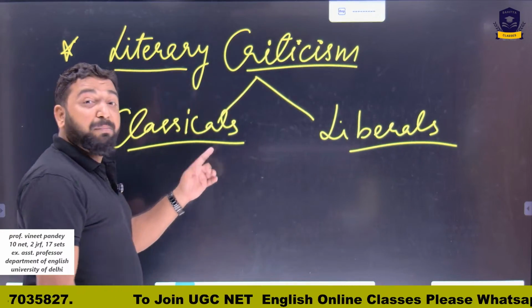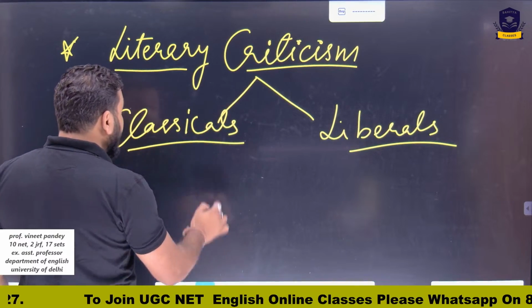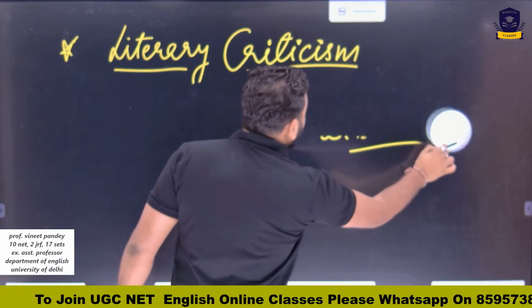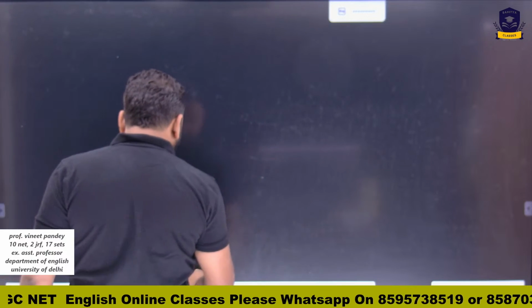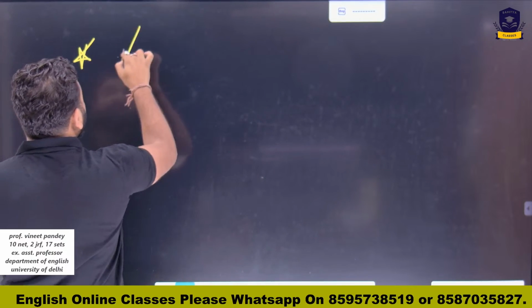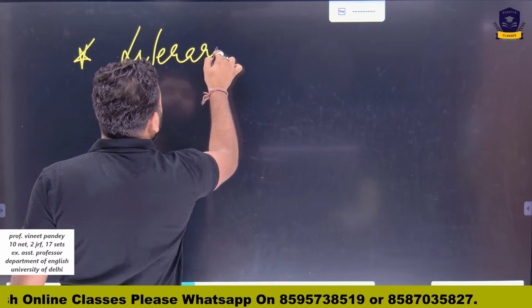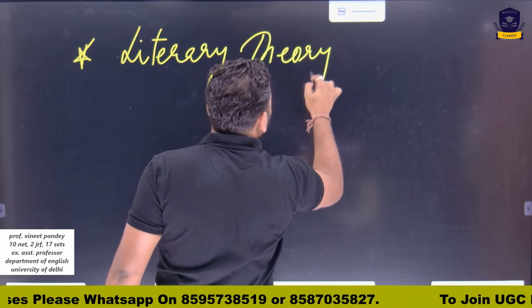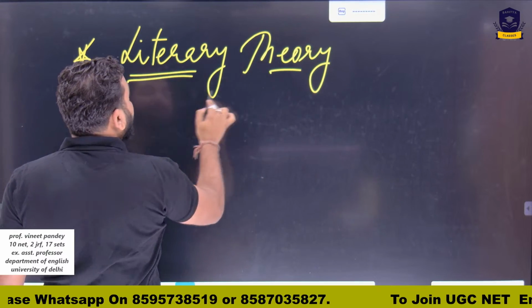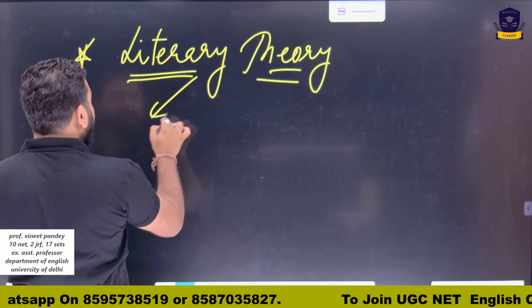So literary criticism is the base, because the moment you have the base of literary criticism, you start understanding appreciative criticism, traditional criticism, biographical criticism, then you are able to understand literary theory. And from here, these things will be divided like this.